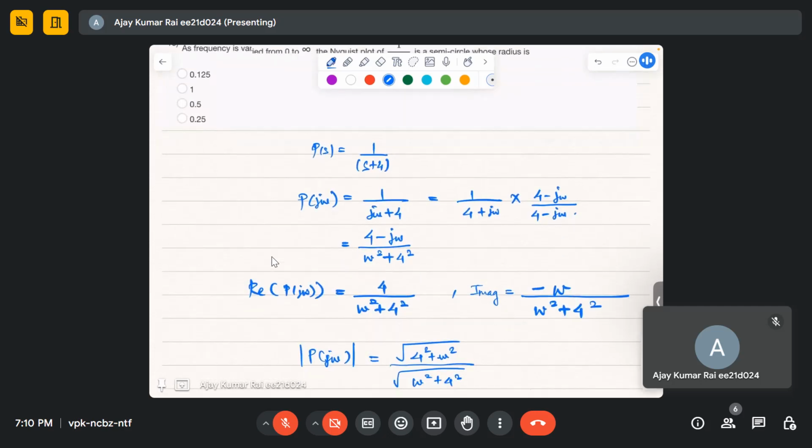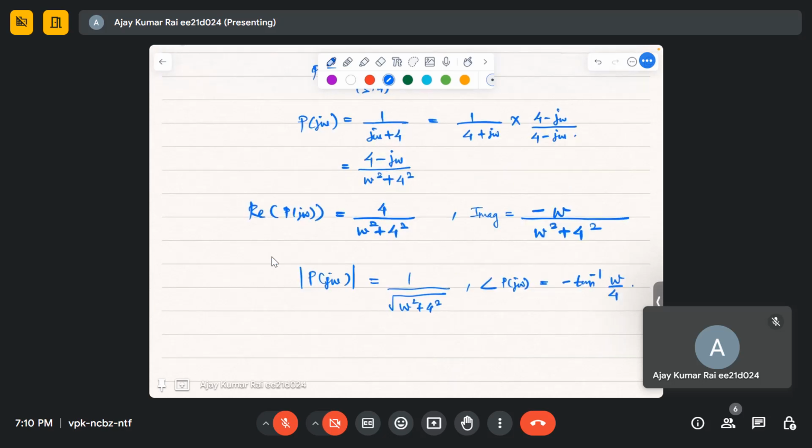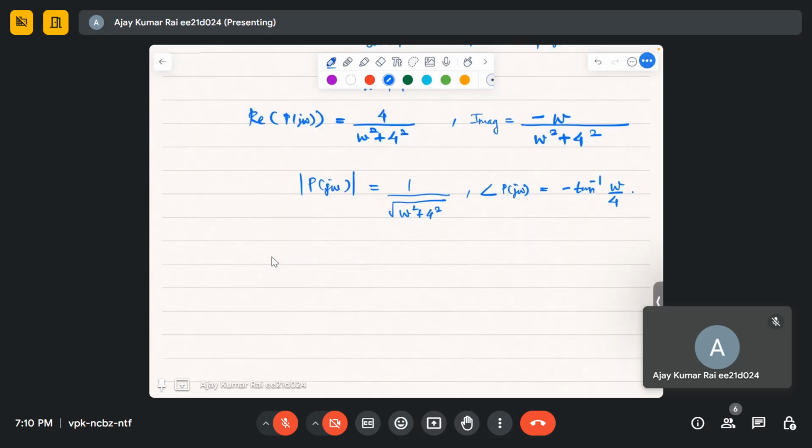The magnitude is 1 by square root of omega square plus 4 square. And what is the angle? Minus tan inverse of omega by 4.